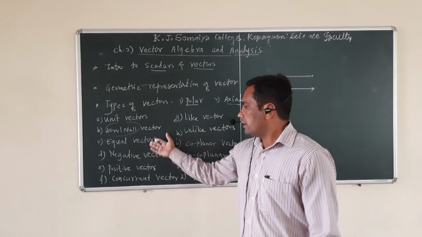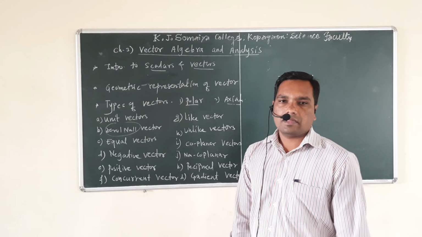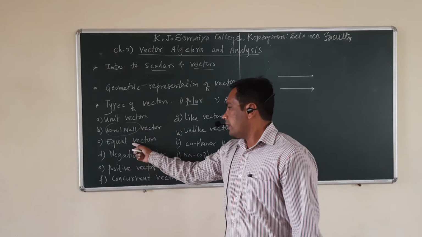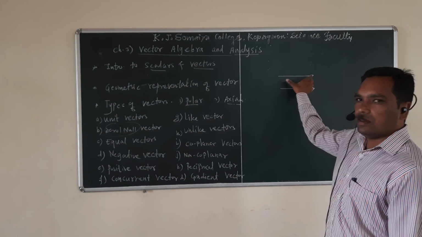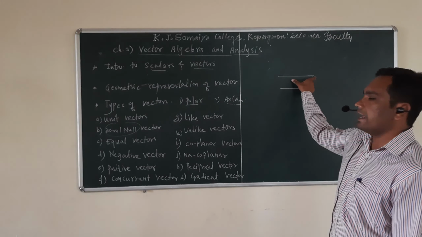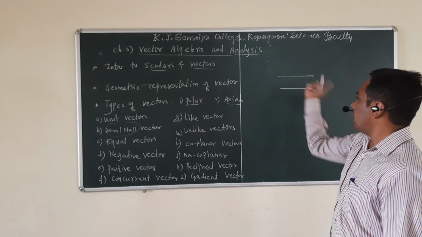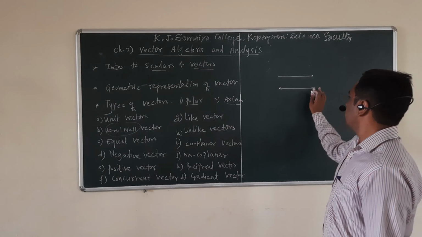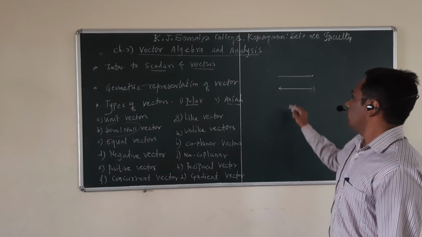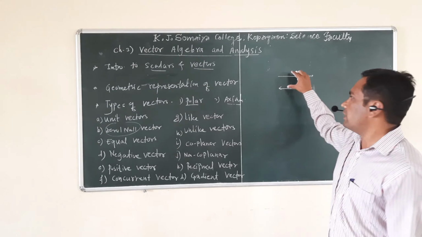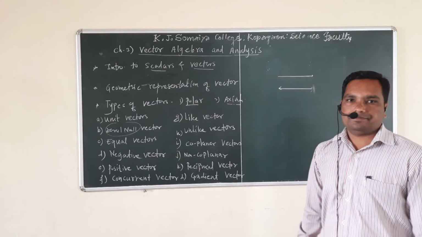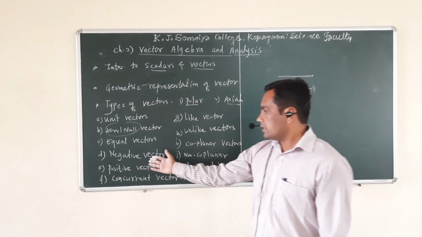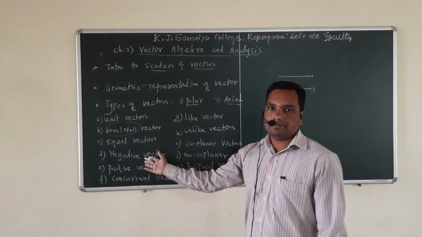Next, negative vector. Now if two vectors are equal, then their direction is the same. If you change the direction of the other vector like this, then their magnitude is the same but their direction is opposite. Such vectors are negative of one another.